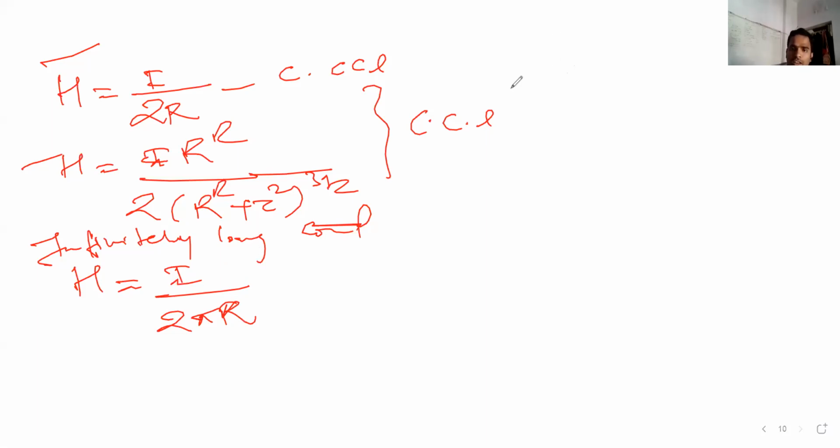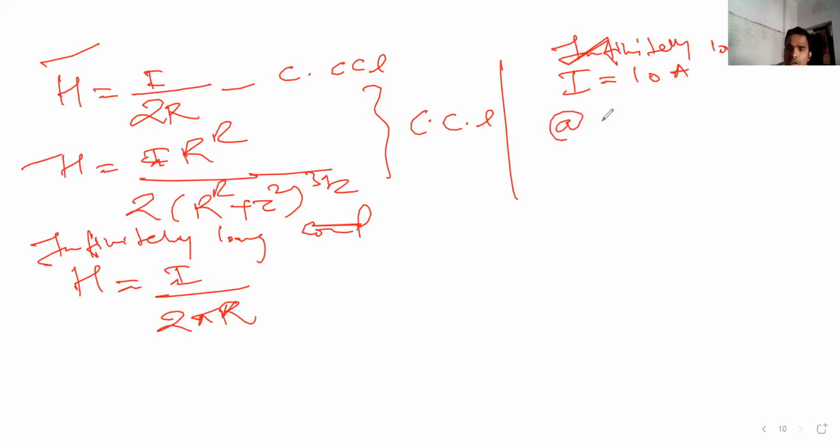Suppose there is an infinitely long conductor carrying a current of 10 ampere, and I wish to find at what distance H will be 1 ampere per meter.